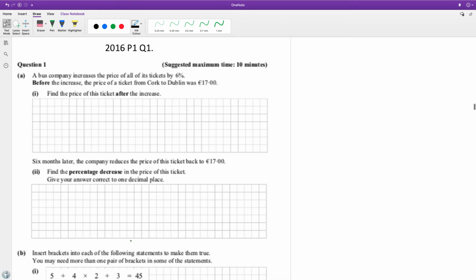Right. 2016 paper 1 question 1. A bus company increased the price of all its tickets by 6%. Before the increase, the price of a ticket from Cork to Dublin was €17. Find the price of the ticket after the increase. So have a go at this one.